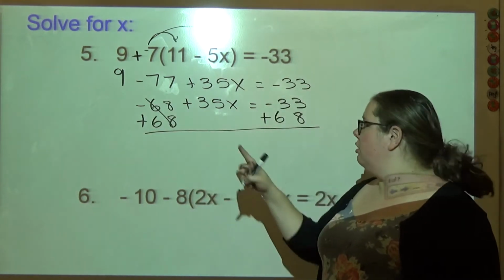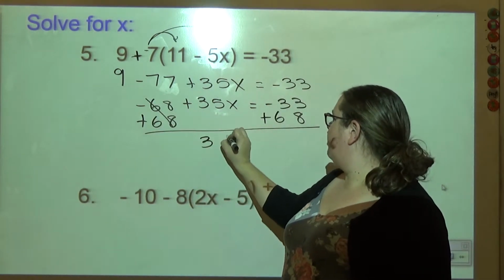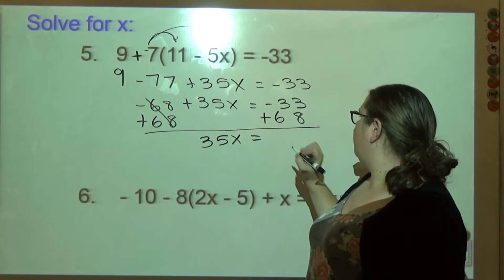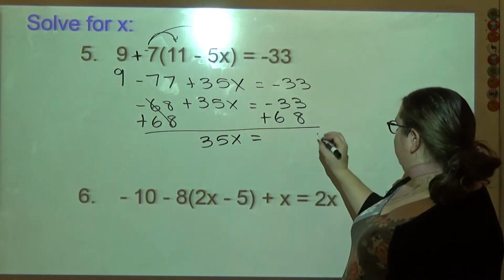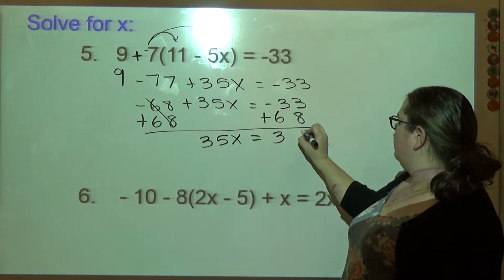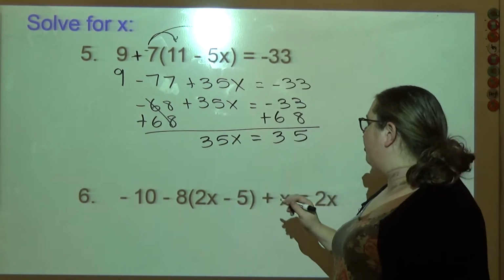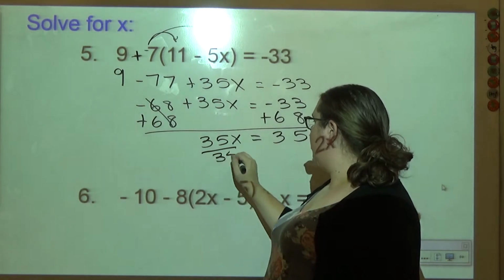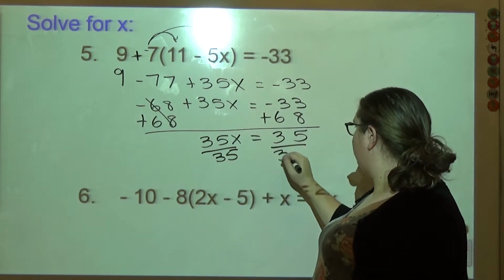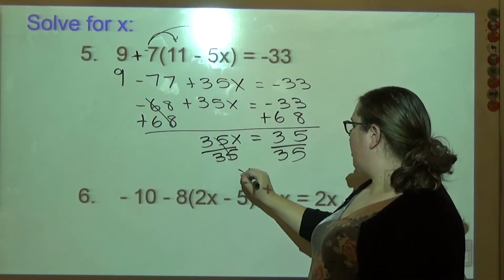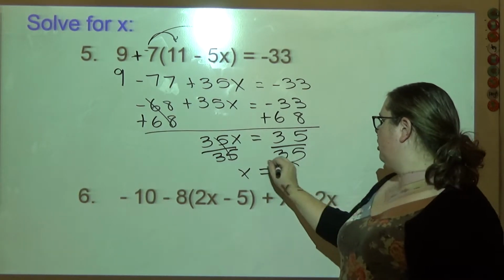Cancels to 0. Bring down my 35x equals 35. I'm so smart when I wrote this problem. Divide by your coefficient. X equals, and we're done.